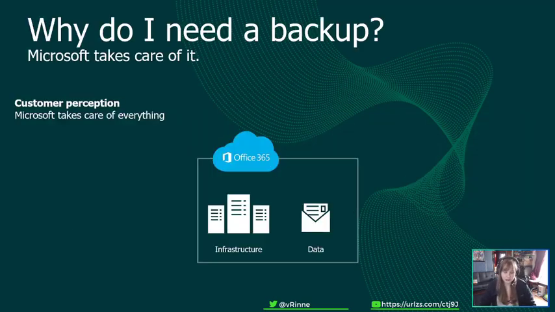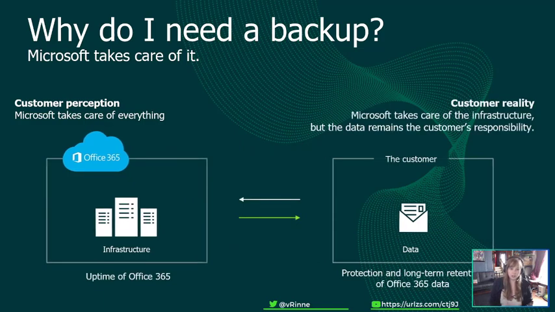In most cases, customers believe that Microsoft Office 365 is protecting their infrastructure and keeping records of that data that is on that infrastructure for you to be able to restore back anything you need, anytime you need it. But unfortunately, that's not really the case.